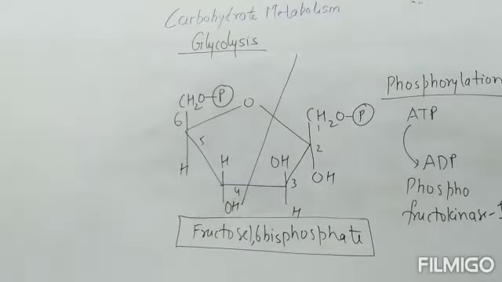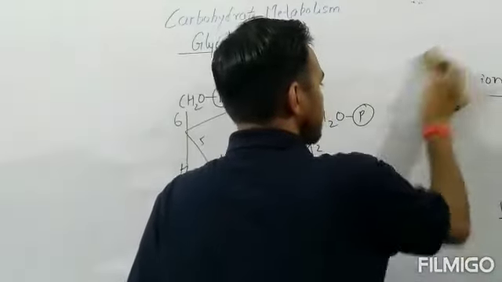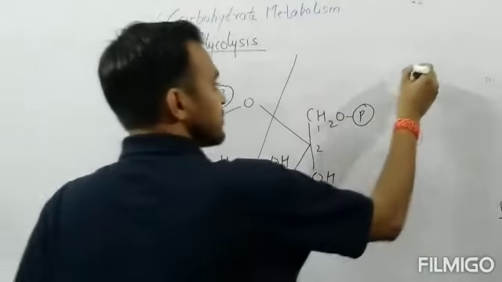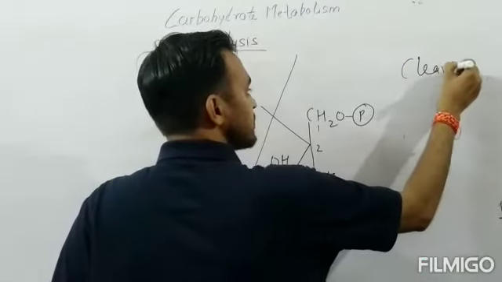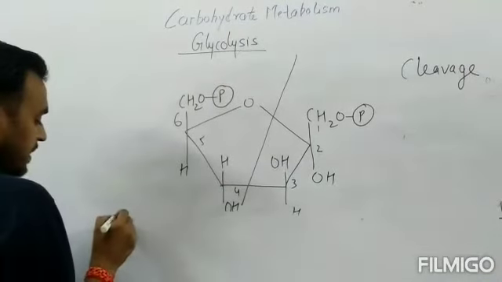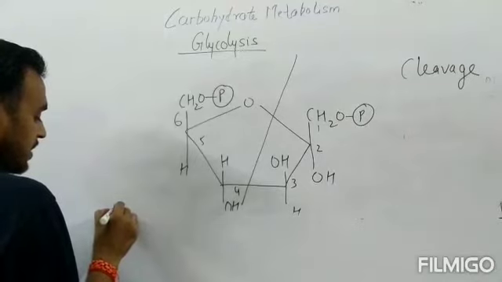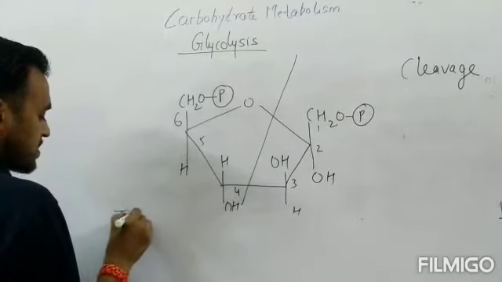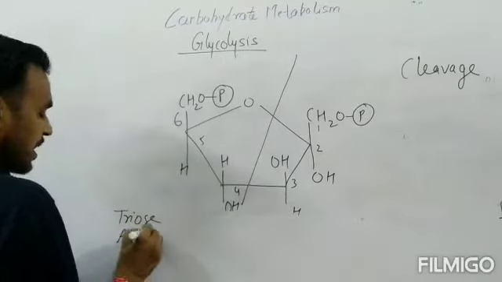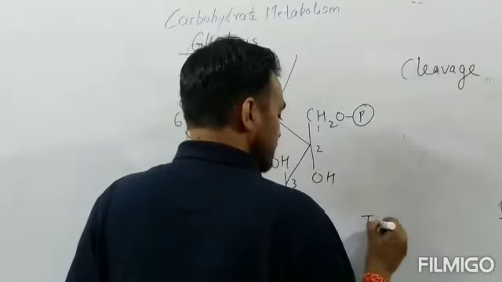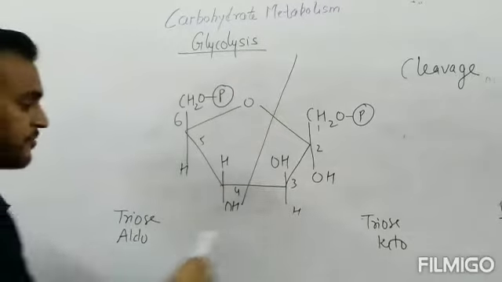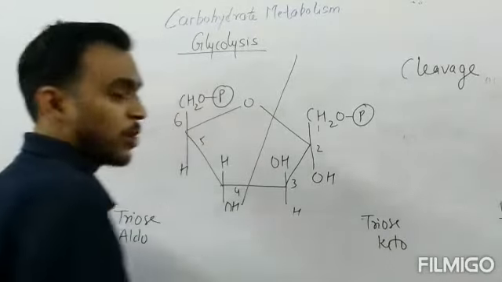This is cleavage, and it gives one 3-carbon triose, that is an aldotriose, and one ketotriose: one 3-carbon aldehyde sugar and one 3-carbon ketone sugar.